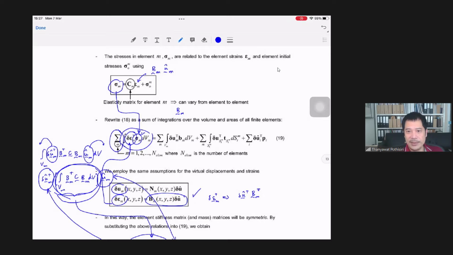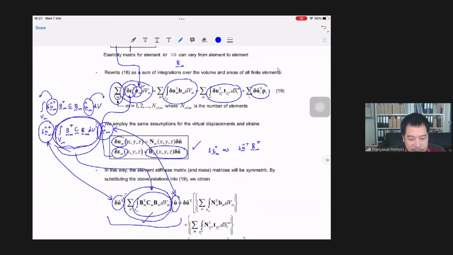Those are the terms that come from the product between virtual displacement and the applied forces. Now you have three different types of applied force. First one is the body force, right? So the body force is this term right here. The second term is the surface traction, and the third one is the nodal force, right? So you simply compute the external virtual work for each of these different forces.